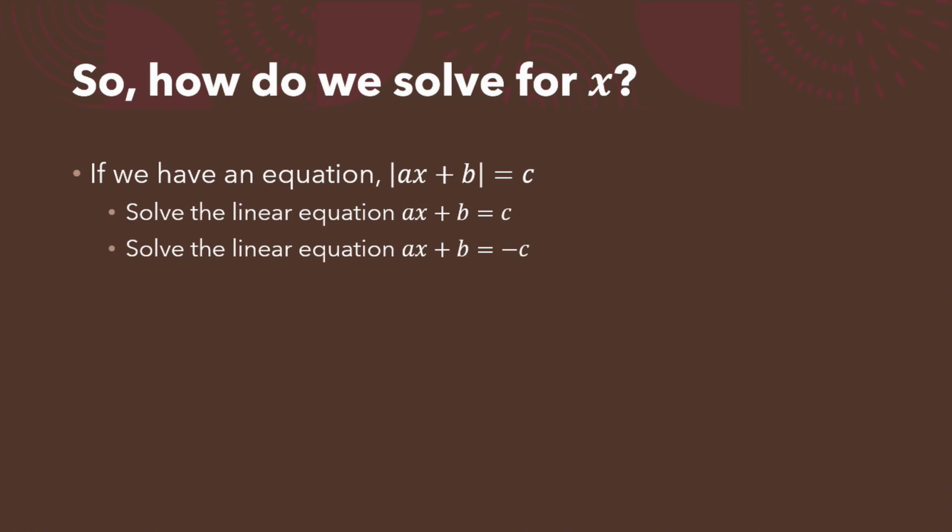Well, when we're solving an absolute value equation, we're basically undoing this absolute value by doing both the positive and the negative value. Because both the positive ax plus b and negative ax minus b will have the same absolute value.